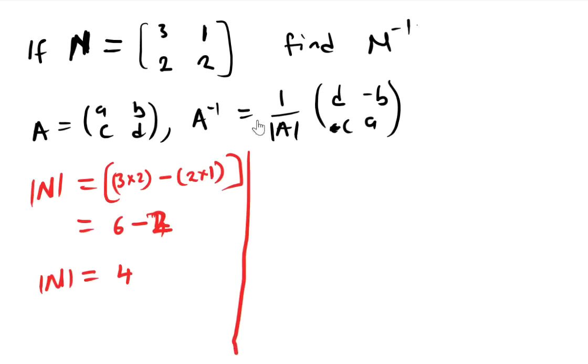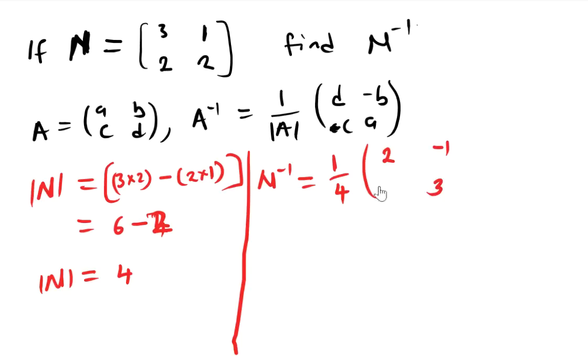Substituting it in this, we have that n inverse will be equal to 1 divided by 4 into 2 and minus 1, minus 2 and 3.